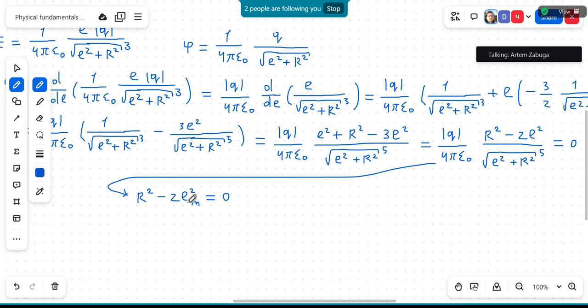So from here, if we solve this equation, we can see that Lm is equal to plus or minus the square root of r to the power of 2 divided by 2.